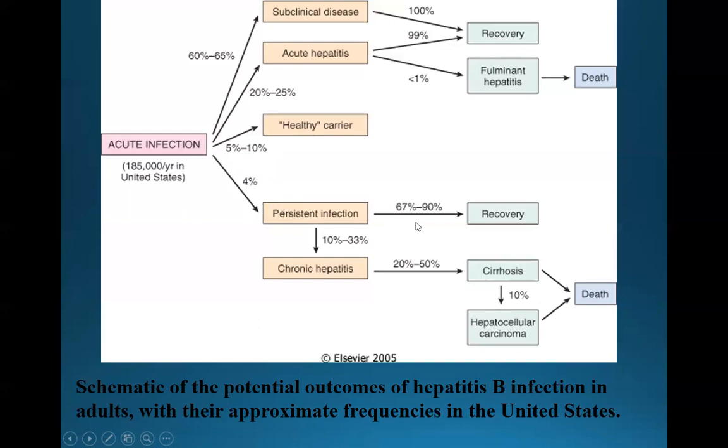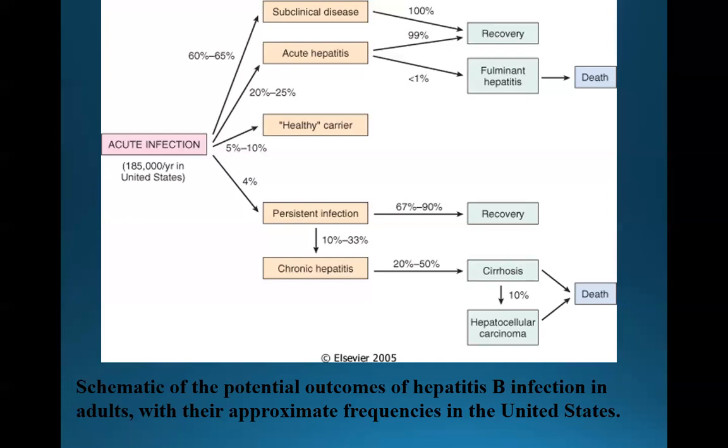Still, the majority of those patients who go into chronic infection are going to recover completely from the virus, and about 1/3 to 1/10 of the time they are going to develop chronic hepatitis, and that's where you see cirrhosis, hepatocellular carcinoma, and death.